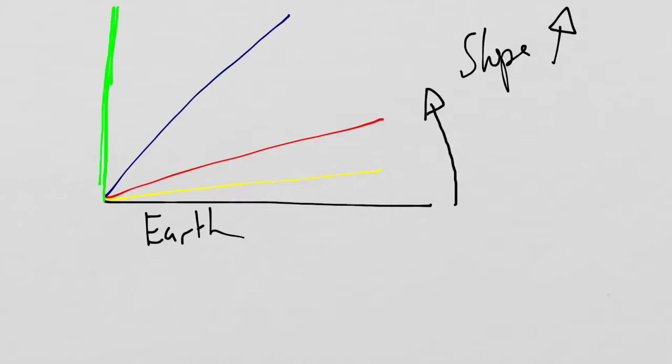I can have a vertical line. And here's the thing: when you have that case, that means the line number 1 is vertical.